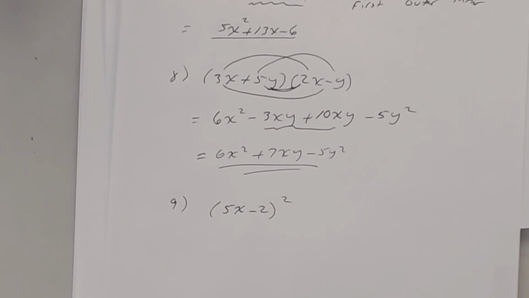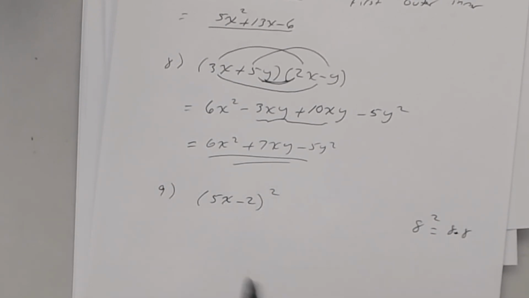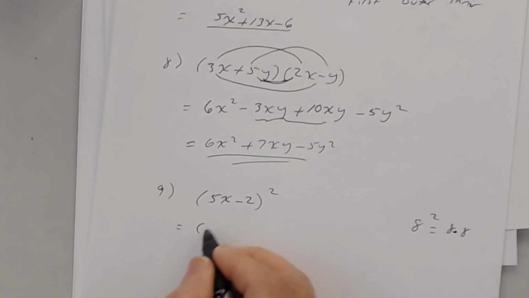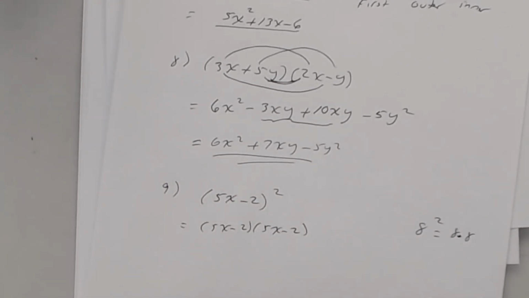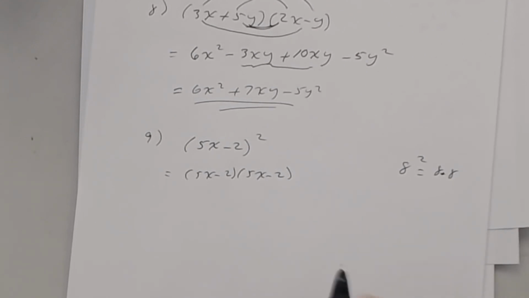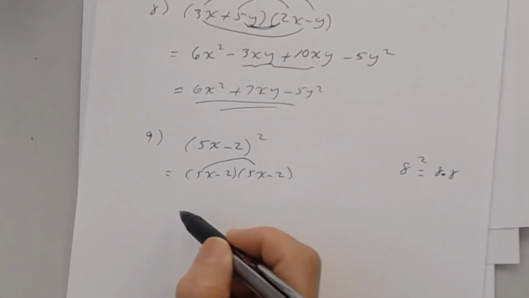Yeah, so remember, if you kind of think about 8 squared, 8 squared means 8 times 8, right? So therefore, 5x minus 2 squared means 5x minus 2 times itself. And then you use what method? FOIL. You use FOIL. So what's 5x times 5x?